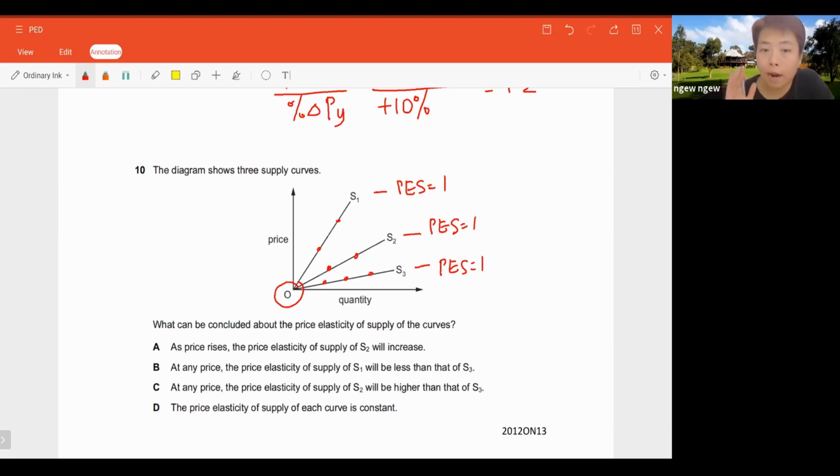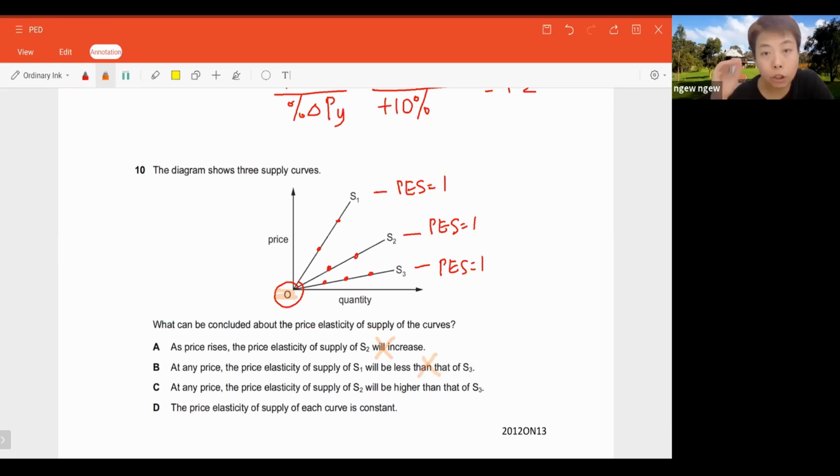So I repeat, as long as your supply curve is connected to the origin, regardless of the gradient, PES is always equal to 1. Therefore, for this, as price rises, the PES will increase? No, it is always equal to 1, so it will not be more than or less than.